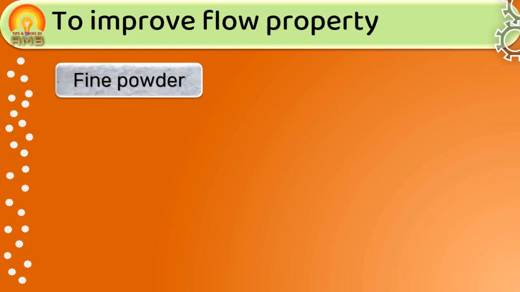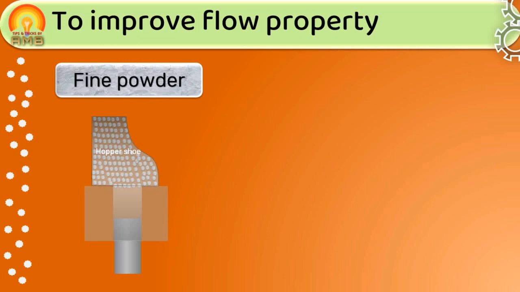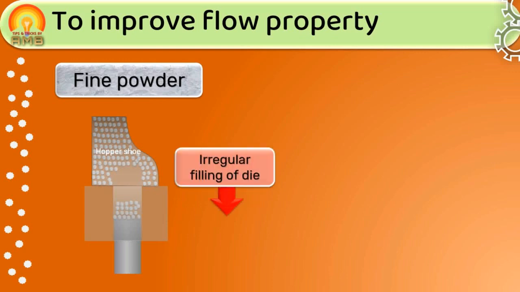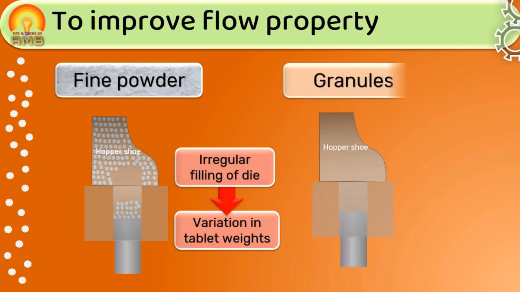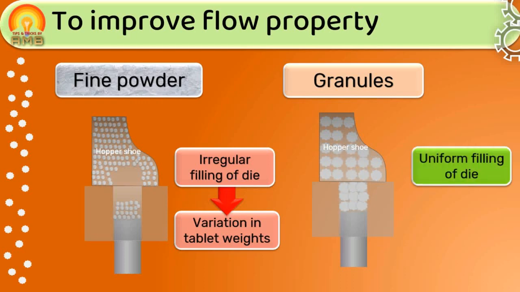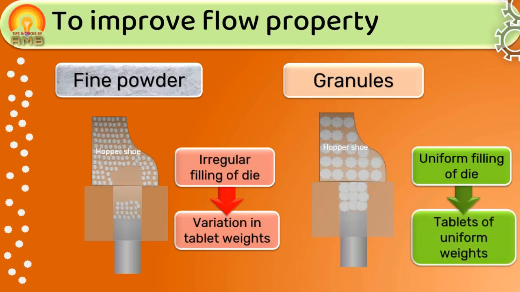Fine powders do not flow evenly or freely from the hopper to the die of the tablet making machine. It leads to irregular filling of the die and produces tablets of different weights. But granules have good flow property than fine powders. Thus it fills the die with same quantity each time and produces tablets of uniform weights.